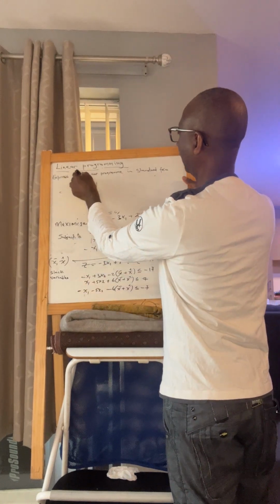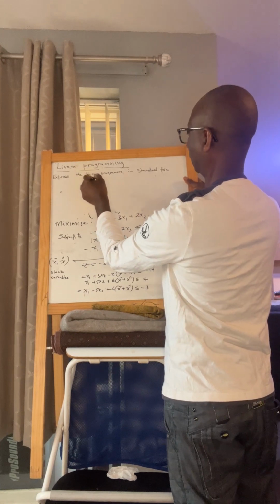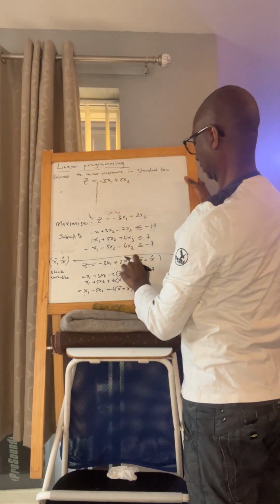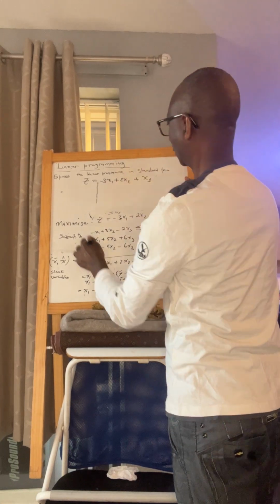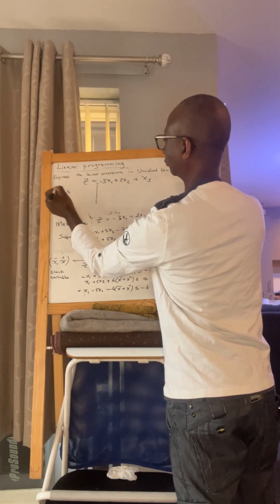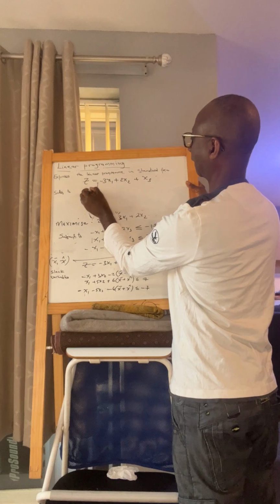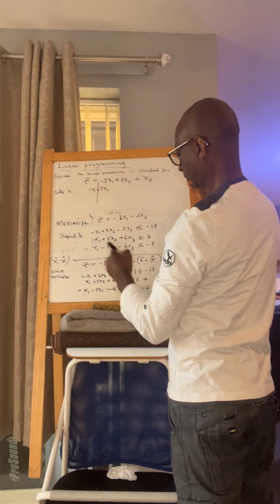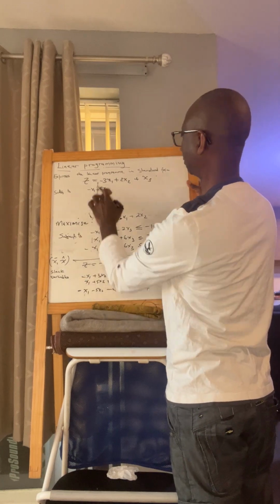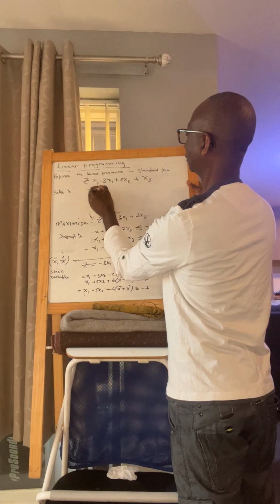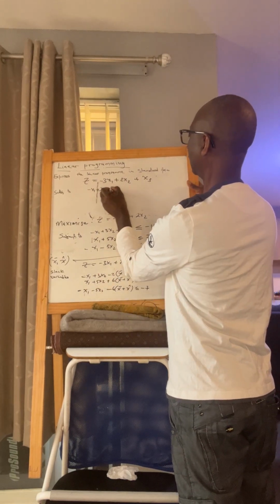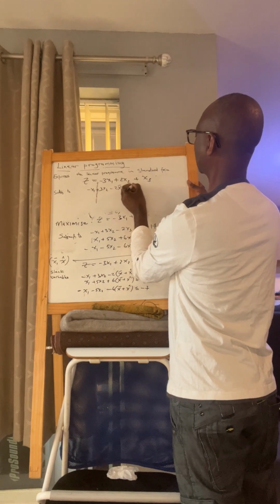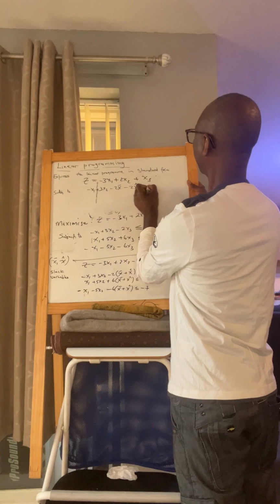This is still going to be z equals minus 3x1 plus 2x2 minus x bar minus x hat, subject to minus x1 plus 3x2 minus 2x bar minus 2x hat less than or equal to minus 17.